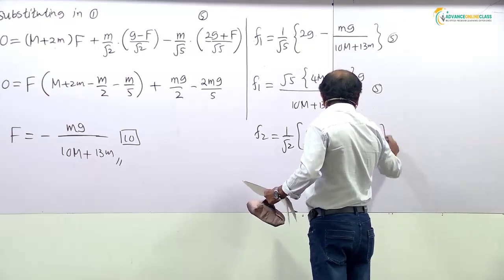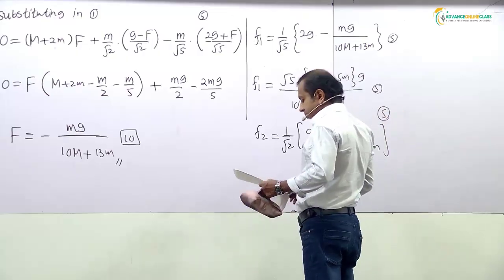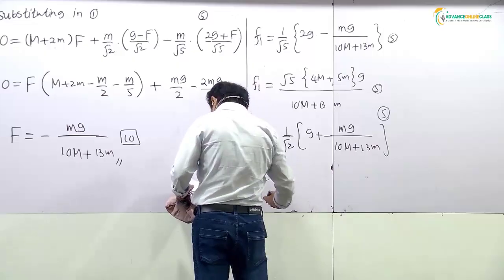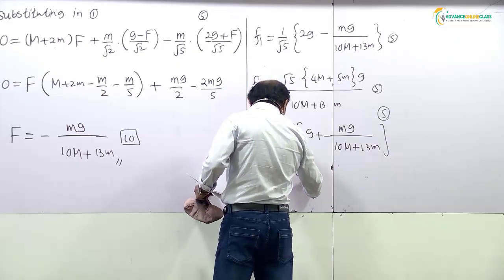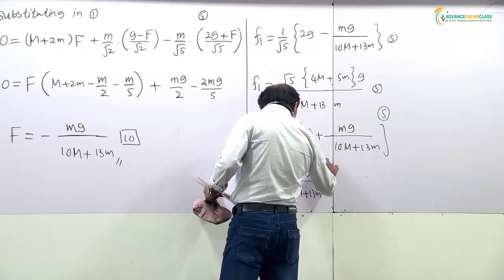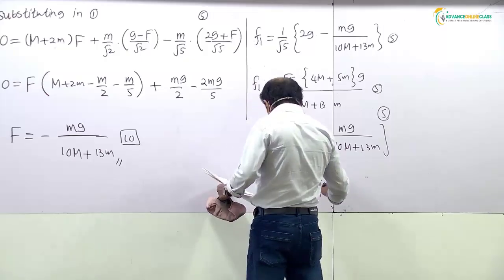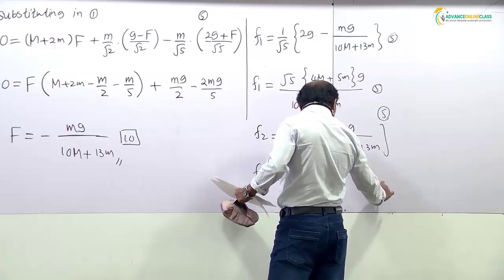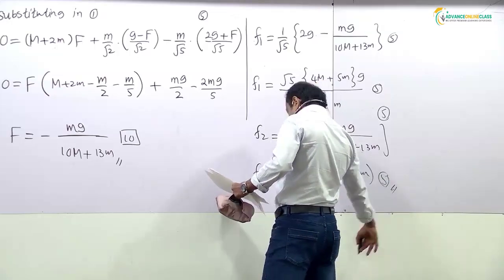Right. For these 5 marks, the answer of F2 comes in this way: root 2 g over 10 capital M plus 13 simple M, 5 capital M plus 7M. You see, another 5 marks.